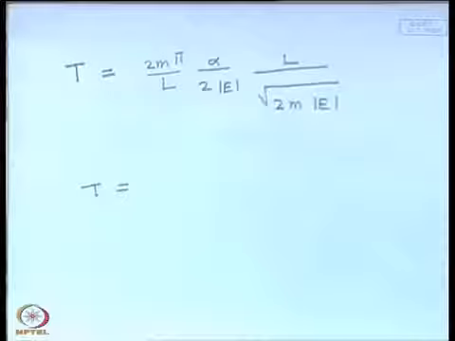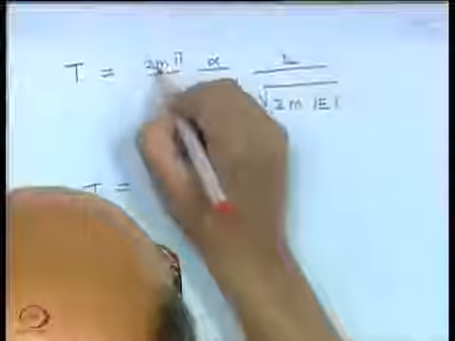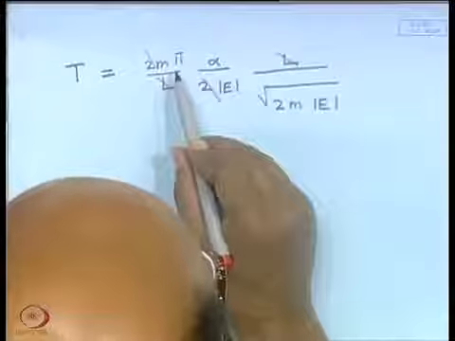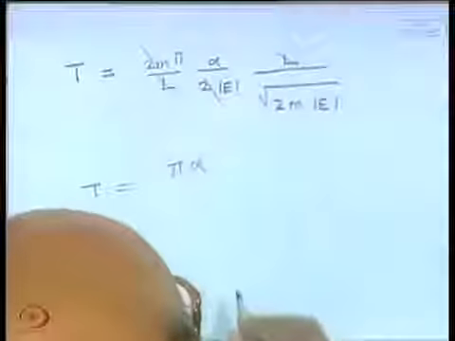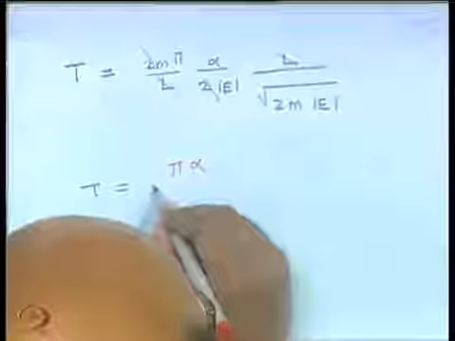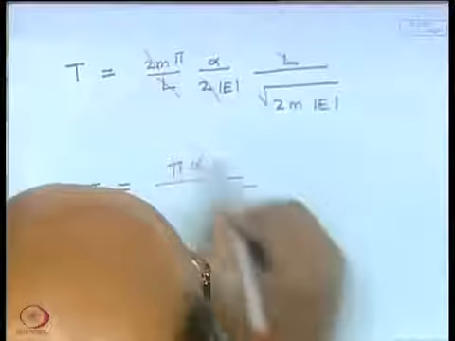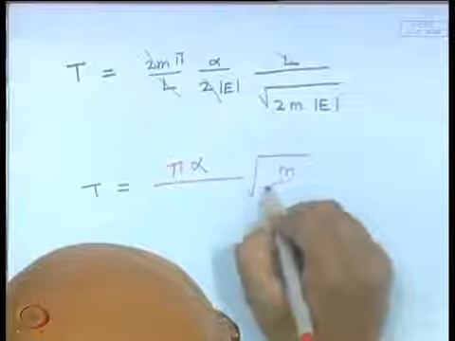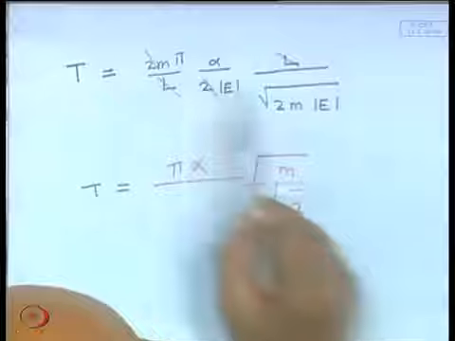so L cancels out, two cancels out, and I have pi and I have alpha. So, I have pi alpha divided by mod E cube into the square root of m by 2, right.